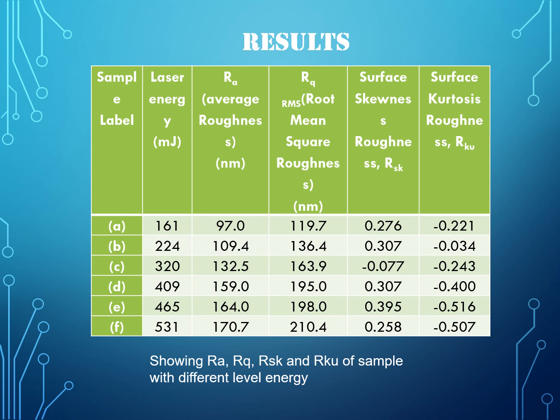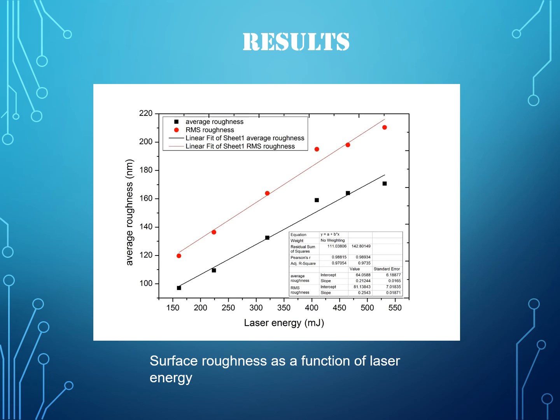It means that the copper surface has a deep scratch, while samples A, B, C, D, E, and F have a kurtosis below 3, which means that the copper surface has a few high peaks and low valleys, or a bumpy surface.